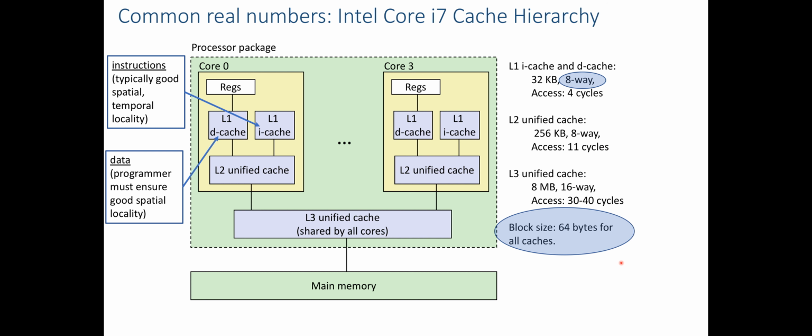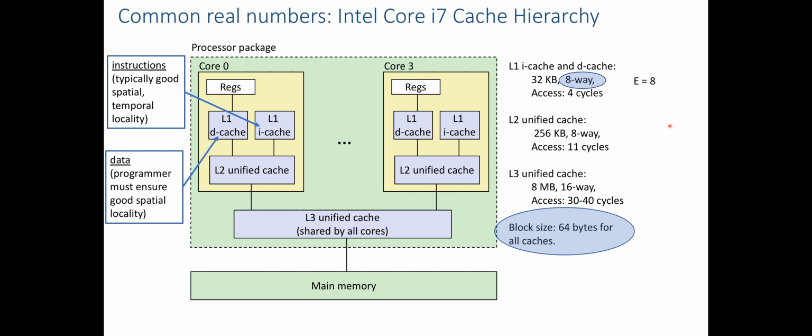And then this 8-way again is our E equals 8. In the activity, you're going to see this for a different Intel CPU. You're going to see this information from a specification sheet, and you're going to want to find these things out. So remember this, when you see it called 8-way, that means E equals 8.